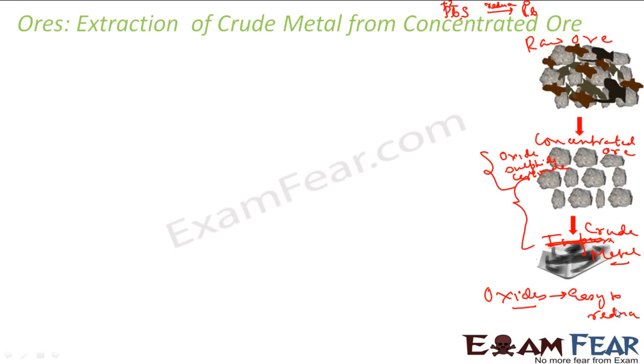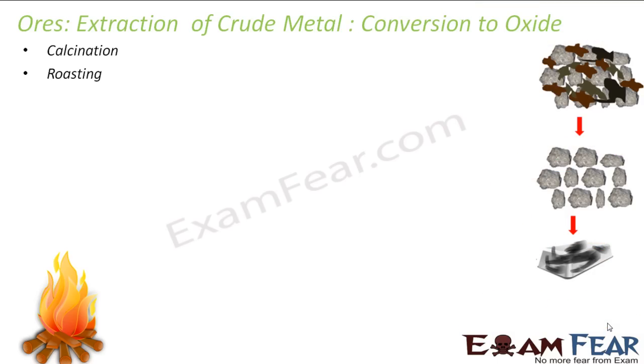So what we do is, sometimes we convert sulfide to oxide and then reduce, if it is a sulfide ore. So there are two steps actually: calcination and roasting. In all these steps, calcination and roasting, we need heat.